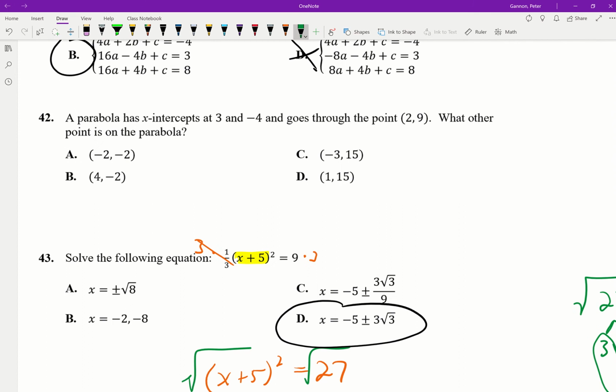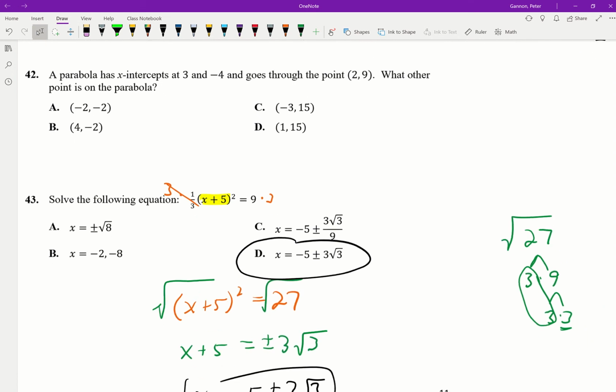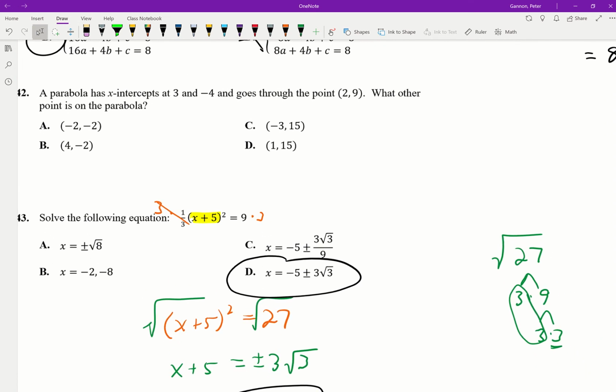Okay. Number 42, it says a parabola has x-intercepts of 3 and negative 4, goes through the point 2, 9. Which other point is on the parabola? All right, this kind of becomes a much tougher question. So the x-intercepts, basically you're going to have the form of a parabola that looks like this. a times x minus p, x minus q. This is called intercept form.